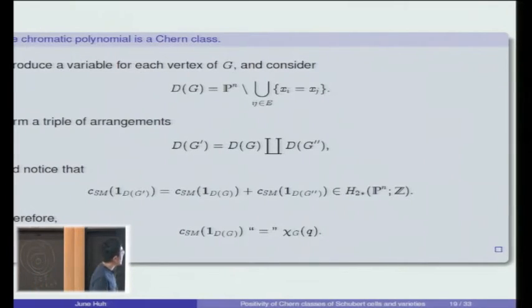So by this formal reasoning, the Chern class of D of G prime is equal to the CSM class of D of G plus that of D of G double prime. And if you identify the homology group or cohomology ring of the projective space with a truncated polynomial ring in one variable, then you should believe that, up to an appropriate choice of basis of this truncated polynomial ring, this Chern class should be the chromatic polynomial of q. There's simply no other choice because they are given by the same algorithm.